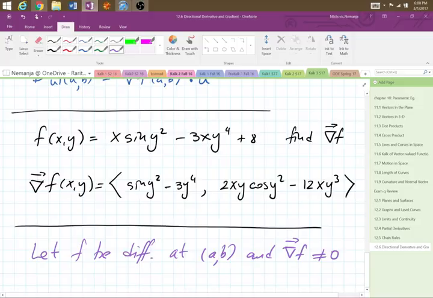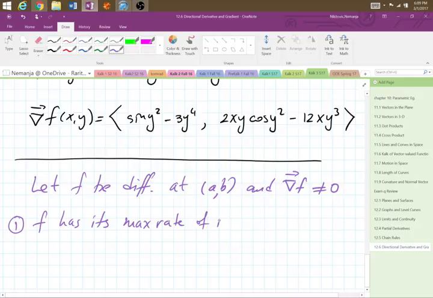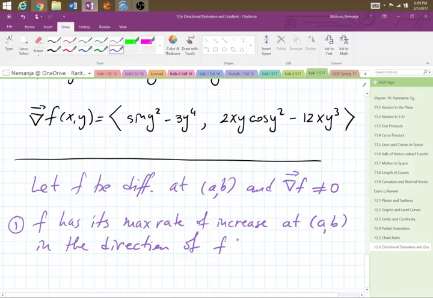So if the function is differentiable and the gradient is not 0, number 1: f has its maximum rate of increase at (a, b) in the direction of del f computed at (a, b).